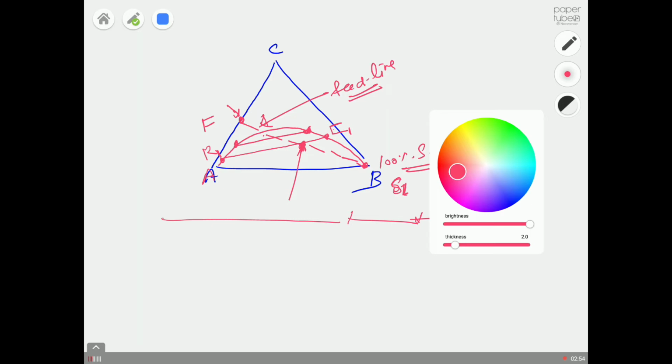To know the composition at these points, we need to have some equations, expressions. That's what we are going to derive. So let's do that now. Why we are so interested in calculating this point, soon you will understand when we solve that very big problem. So let's do the mass balance.